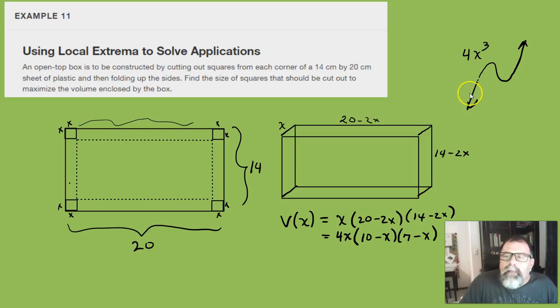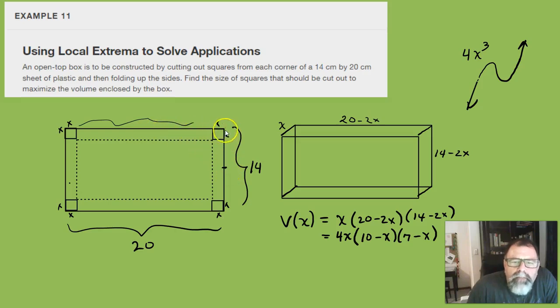Okay. And then is there going to be a find the size square that we cut to maximize the volume? Let's see here. Okay, so I'm going to go to Desmos and plug this in and graph it. But one thing to notice too is what's the biggest x can be. Basically, the biggest x can be is only going halfway, right?